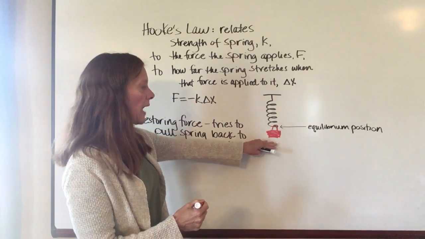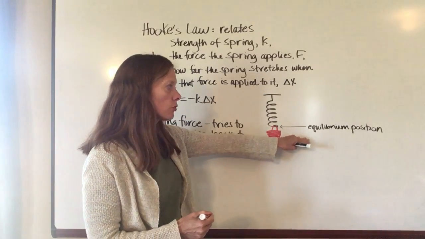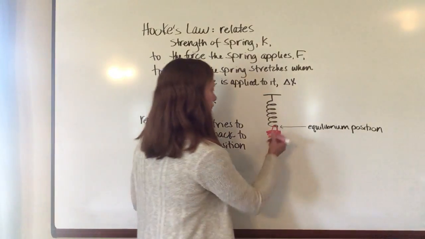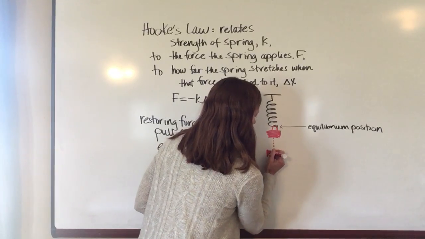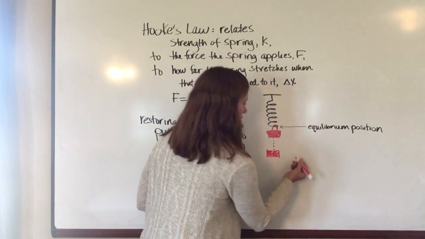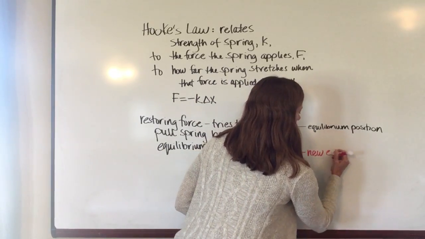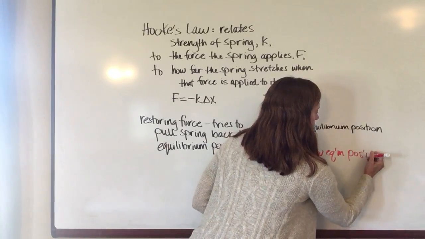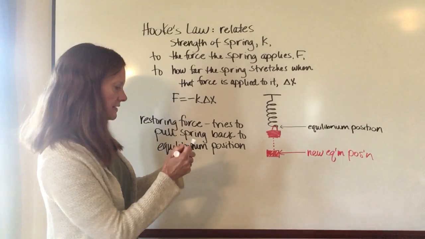Once you hang a mass on it, the original equilibrium position is no longer the equilibrium position, because the mass is going to pull the spring down further. It's going to be hanging probably maybe here instead. With the weight on it, this is your new equilibrium position, and I'm abbreviating equilibrium with EQM in case you're wondering what that says.